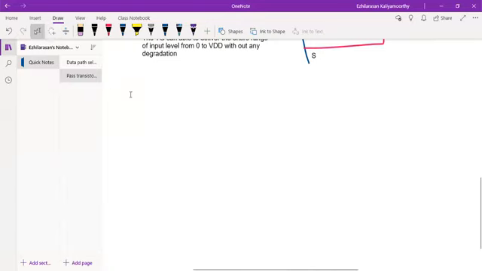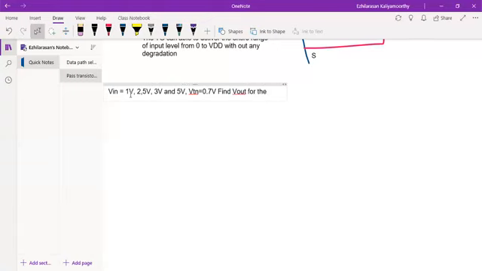Okay, so now let us say Vin is equal to 1 volt, 2.5 volt, then 3 volt and 5 volt, then VTN is equal to 0.7 volt, it is given, and find V out for the given circuit. Okay, let us draw the circuit.